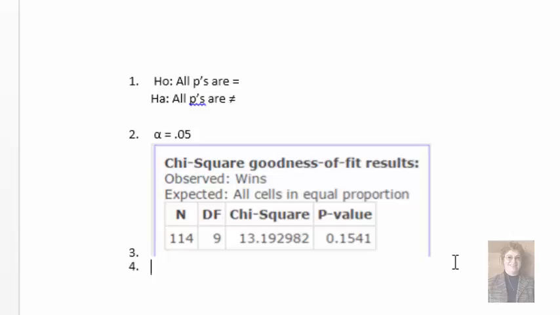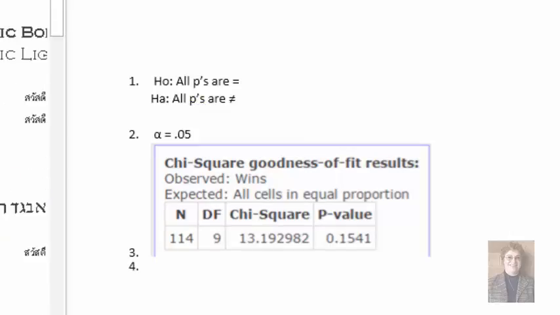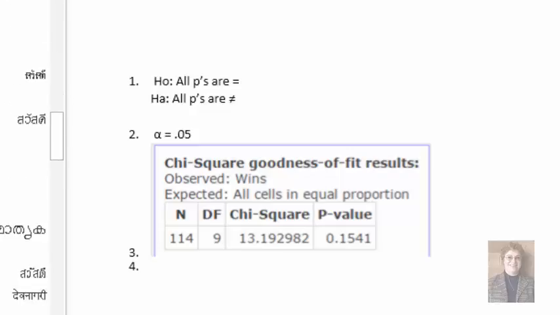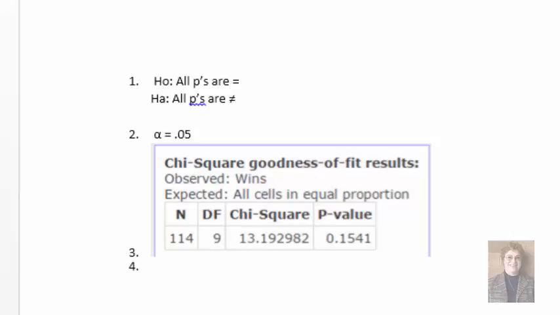Step 4 is my chi-square statistic. So I'm going to say my chi-squared, it's under symbol. If you want to do this, you can find your Greek letters under symbol. There it is, and it's a lowercase c. And then I want to do square equals 13.19.